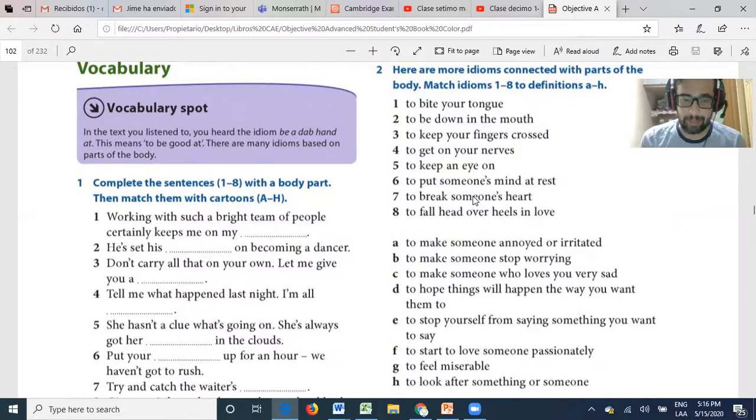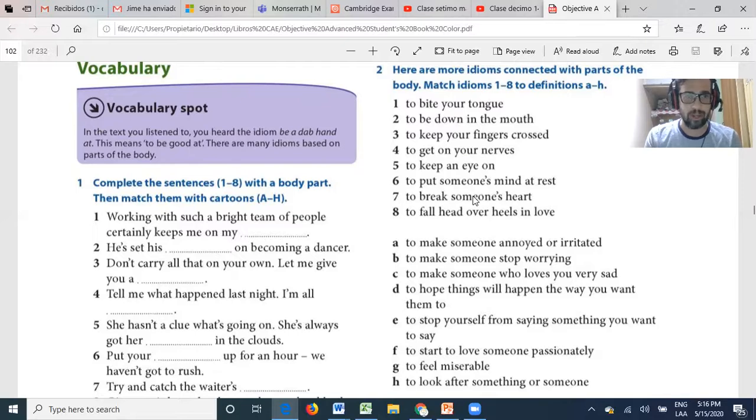If you have our Facebook page, you can see also that we post a little bit of these idioms based on body parts, or idioms based on love. I mean, there are a lot of idioms that you can check over there on our Facebook page. But for now, we can practice them here right now.